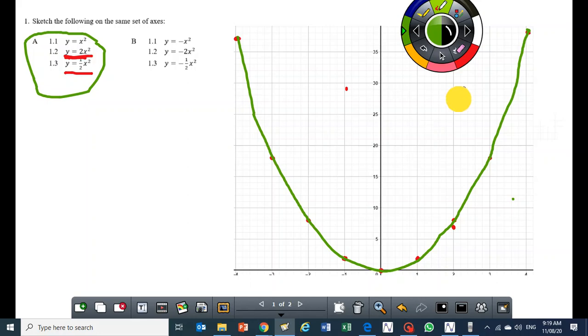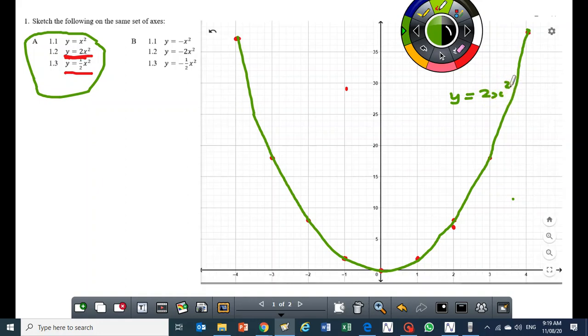It's y equal to 2x squared, right? Then let's do y equal to x squared. Remember I said I'm going to use my brain to do the calculation because the calculator is not appearing. It's supposed to appear, but it's not allowing me to.